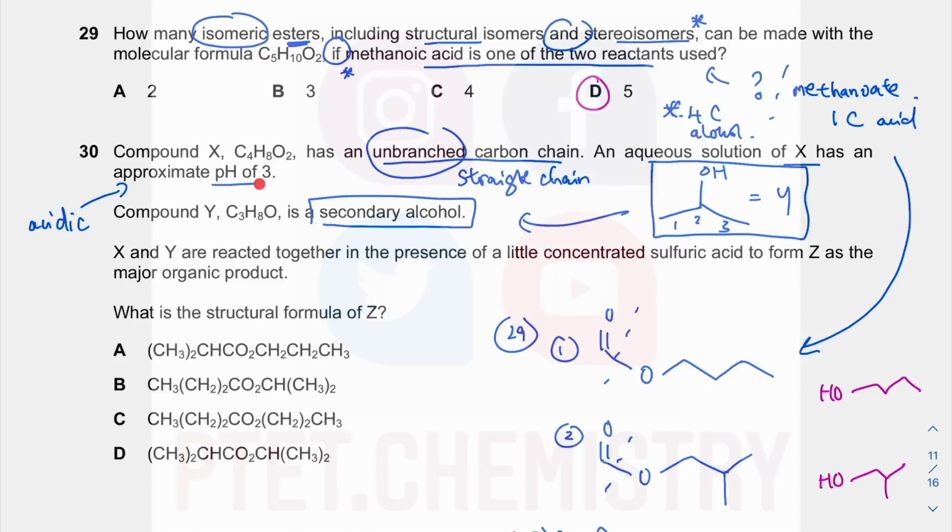The pH 3, I sort of thought it would be quite strong, but clearly it is a weak acid because it's an organic acid. We are not talking about nitrogen or phosphorus or sulfur, so these are just acids from carbon. Those are carboxylic acids, pretty weak.